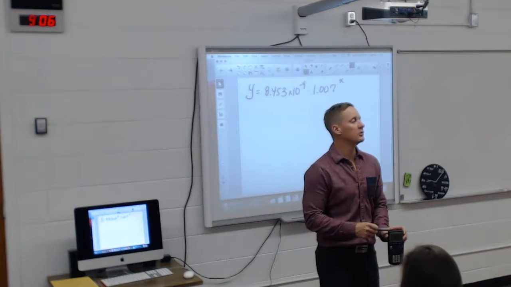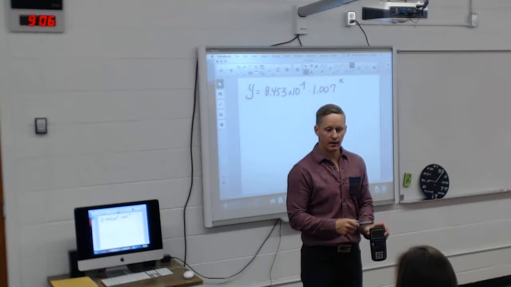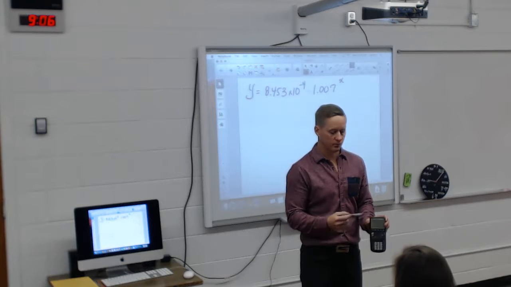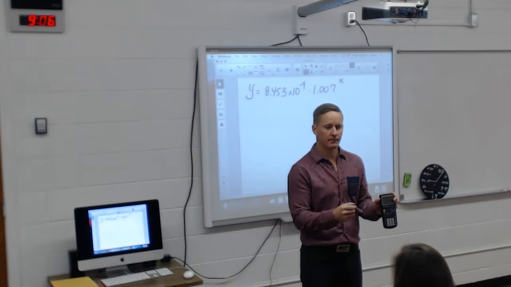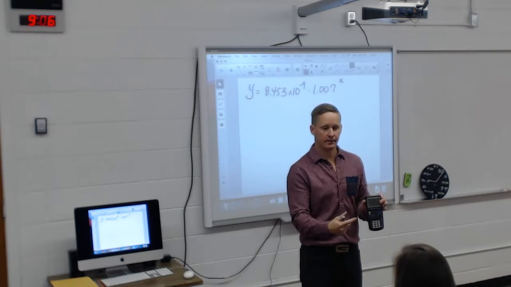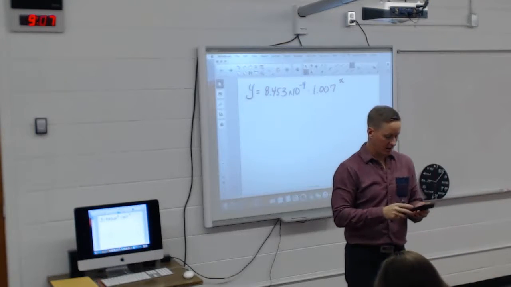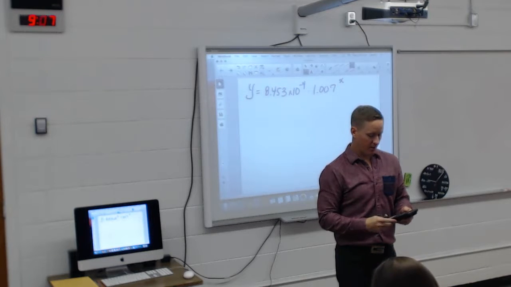I zoom, no, not fit either. What are we doing right now? When I plot points, what's that called? What did I use on here to get my points plotted? Stat. Okay? So I zoom stat it, and that will automatically give you points and your regression line. Okay, so go to zoom stat. Second from the bottom, it's zoom 9.